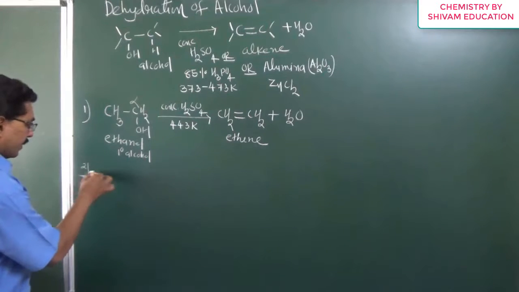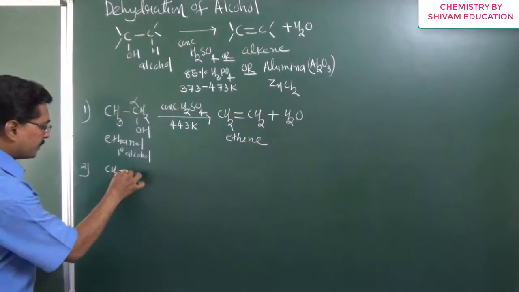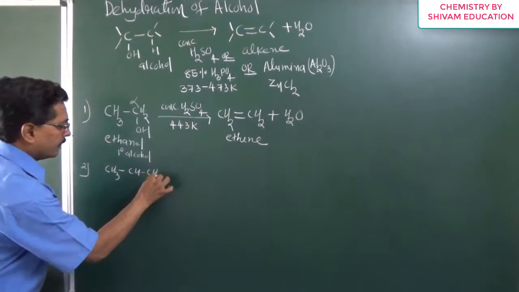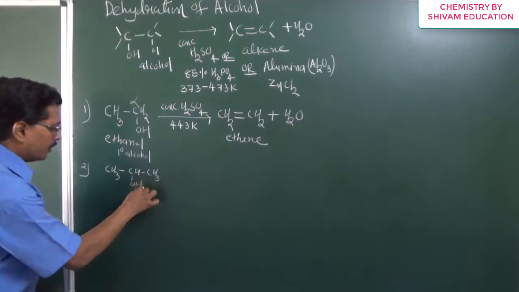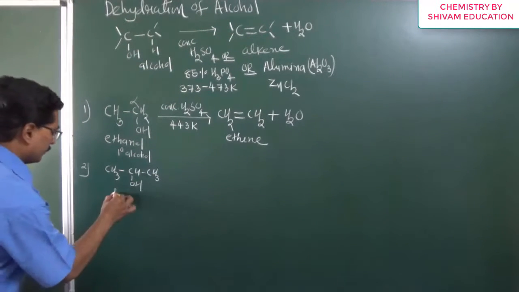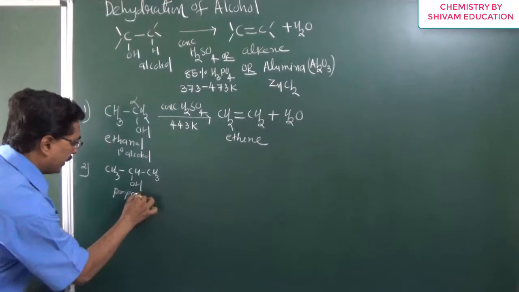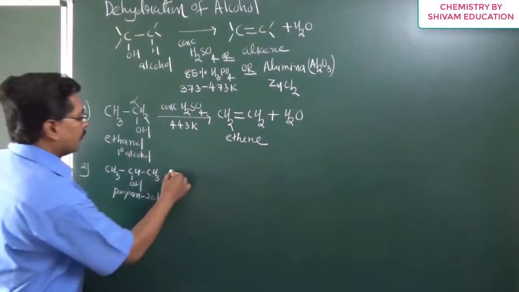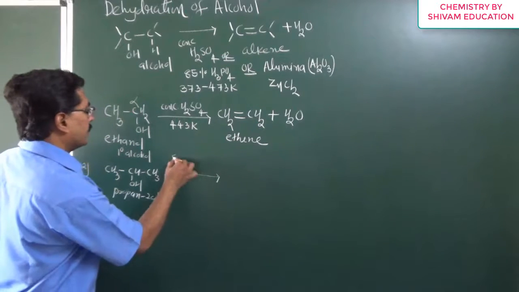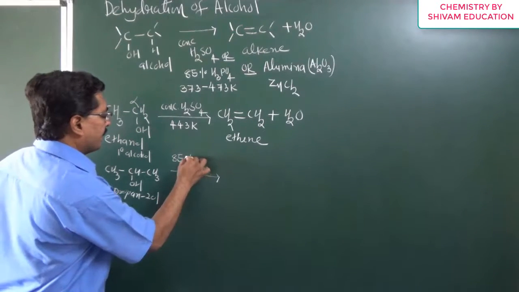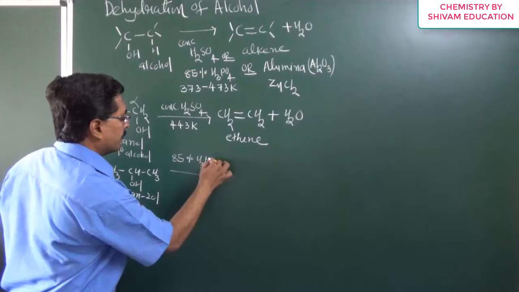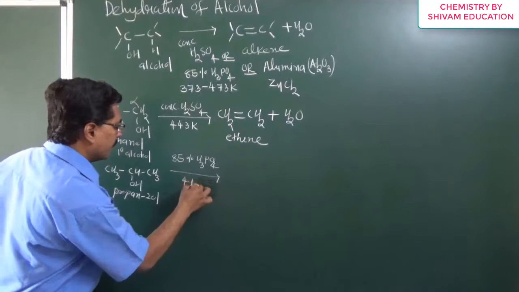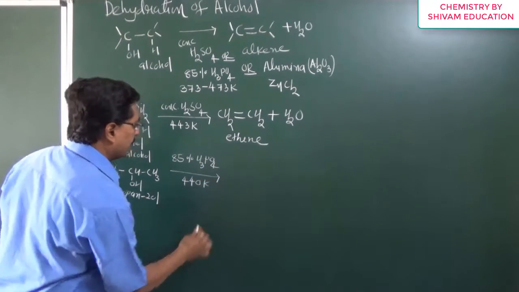Now suppose the dehydration reaction of a secondary alcohol. Here I have taken propan-2-ol as a secondary alcohol. Now the dehydration reaction is carried out by using 85% phosphoric acid, and the temperature we are using is 440 Kelvin.